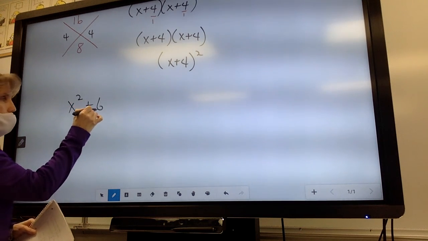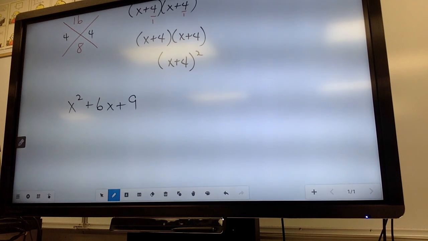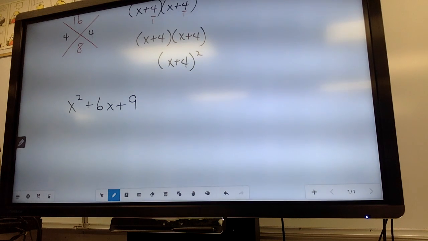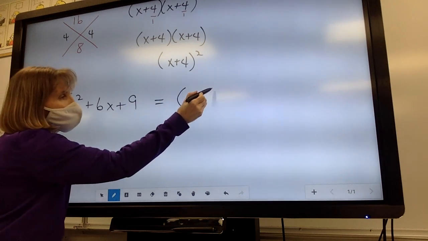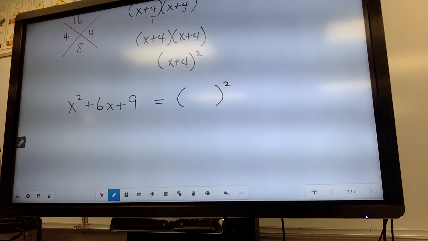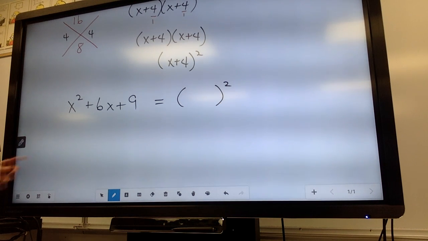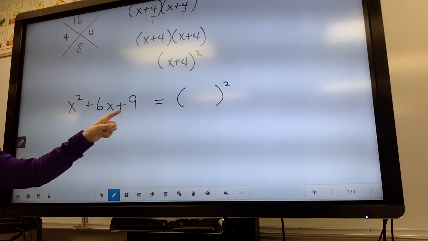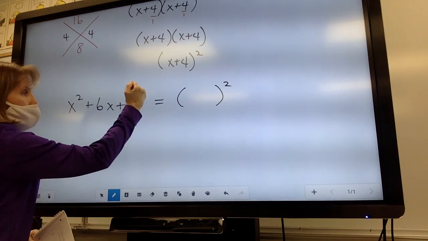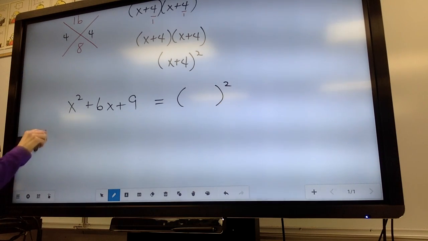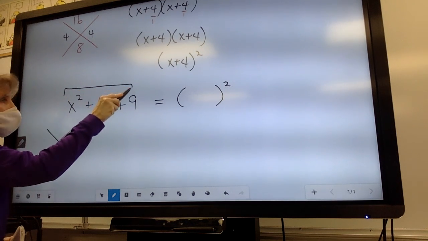X squared plus 6x plus 9. You might be able to right now tell me what the answer is. It is a perfect square trinomial. We got an even power up front here, and this is a perfect square. If you're not sure what it is, you can make an X. Take your first number times your last number.